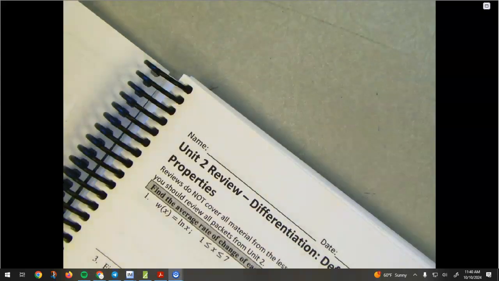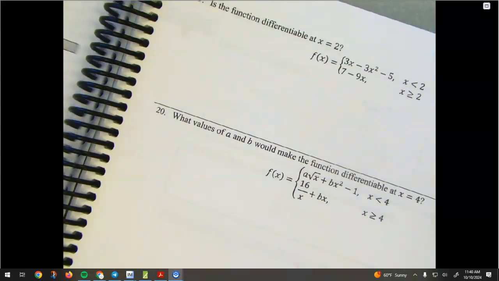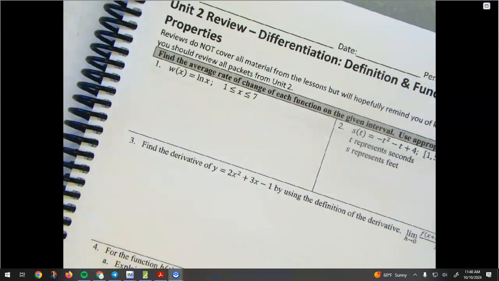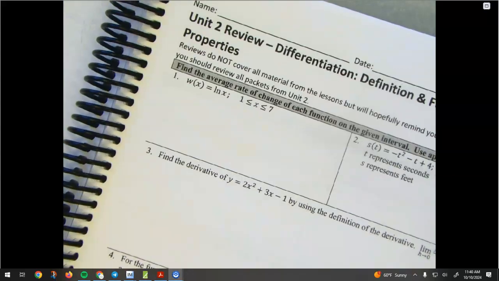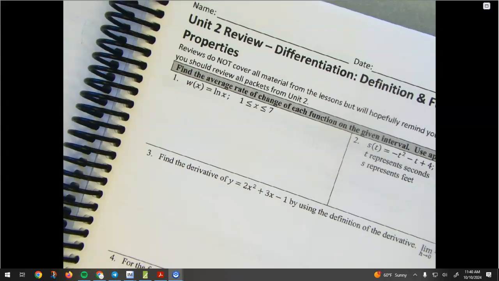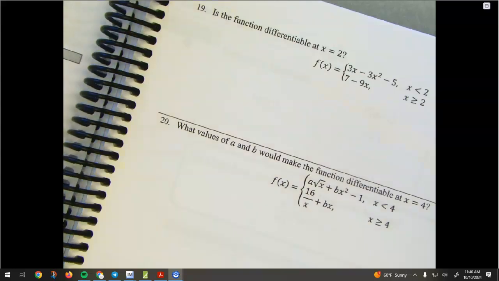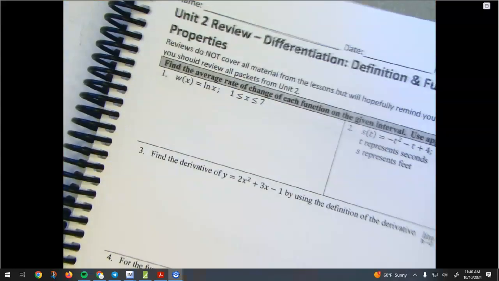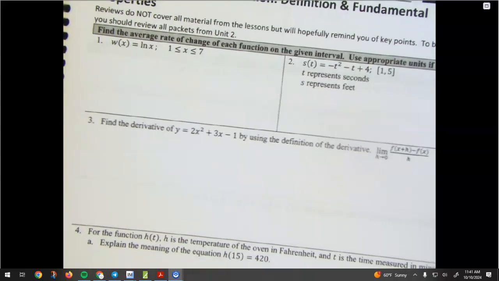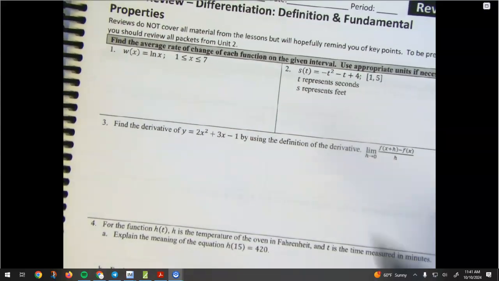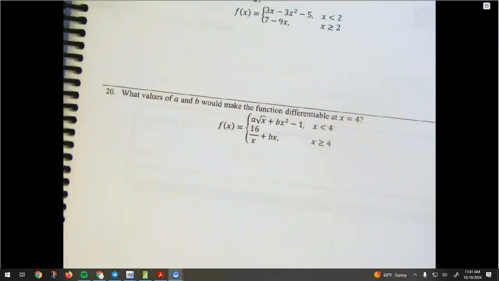If we were doing a normal unit test, we'd be done with the unit, so we would do unit review, and tomorrow I'd probably do a practice test, test coming up. But we're not. This stuff is still all relevant and could be on the gateway. We're just going to do a little more before we get to the gateway. So I would like you to do this, and tomorrow we'll go over any questions you have, because these are still very good questions for the review.